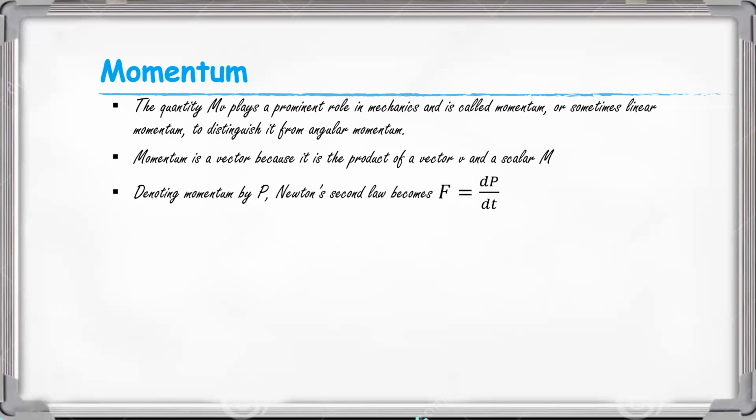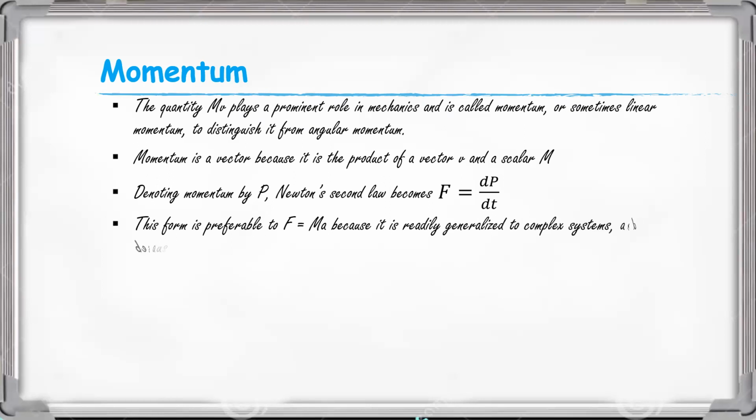Denoting the momentum by capital letter P, Newton's second law becomes F is equal to dP by dt. It is a general expression of Newton's second law.